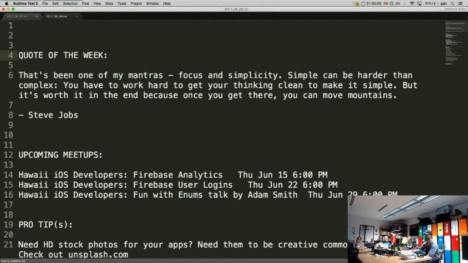Okay, so today's pro tip is not Xcode or Swift related. I find that sometimes when I'm working on projects, I need some stock art, at a very high quality. I've heard about a really good site on a podcast called unsplash.com.